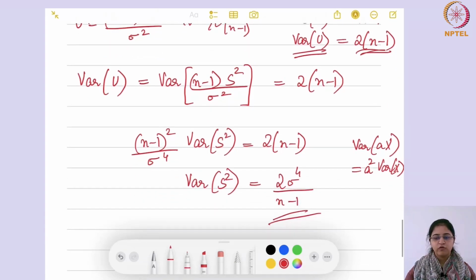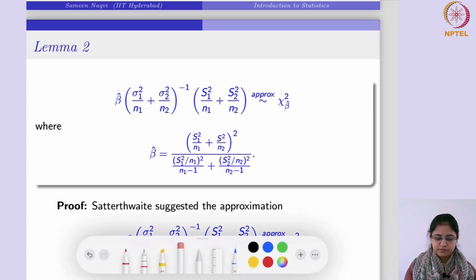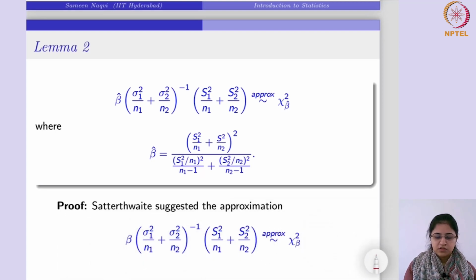Now we will move on to the second lemma. It says that beta hat times sigma 1 square over n1 plus sigma 2 square over n2, this quantity over here, is going to follow a chi-square distribution with these many degrees of freedom, which is defined in this way. So now let us see what it means.